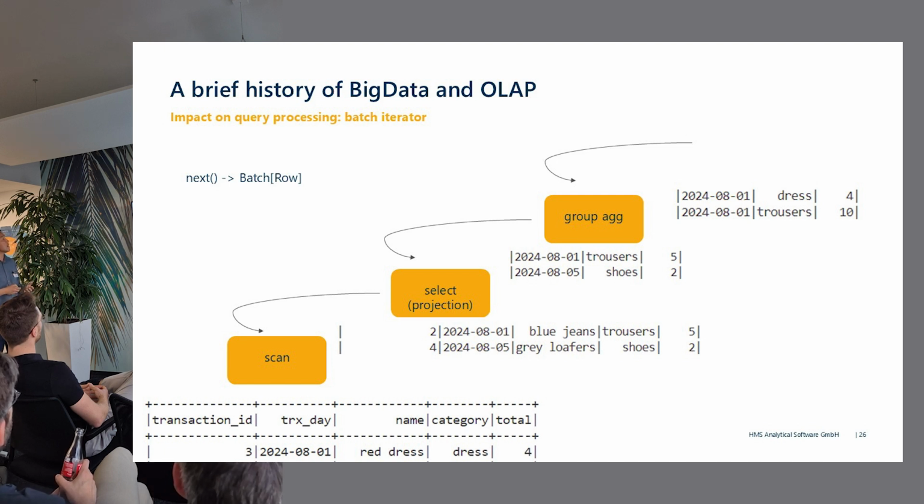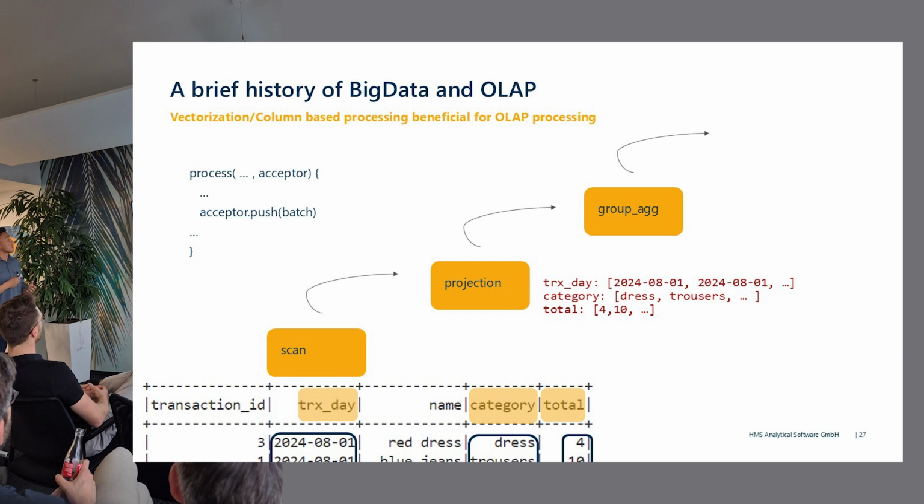And we can do it also better if we know that we are using OLAP processing. Since we have an OLAP workflow, we have a lot of aggregates, and typically we access the data, we are only interested in the queries on a subset of columns.